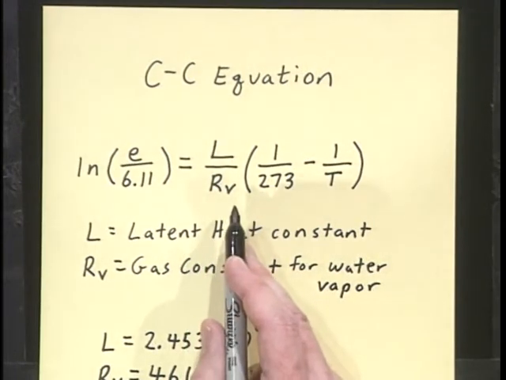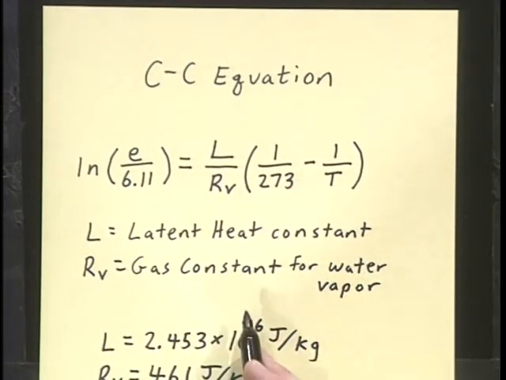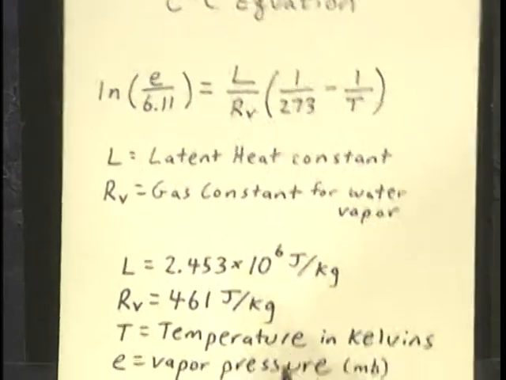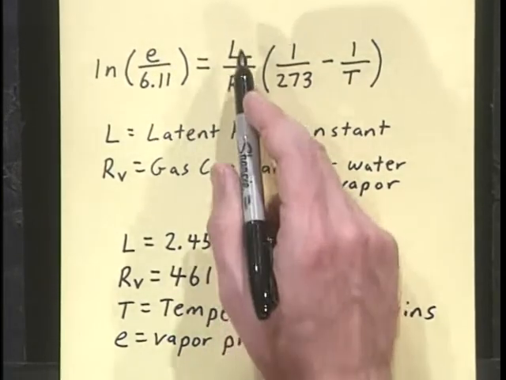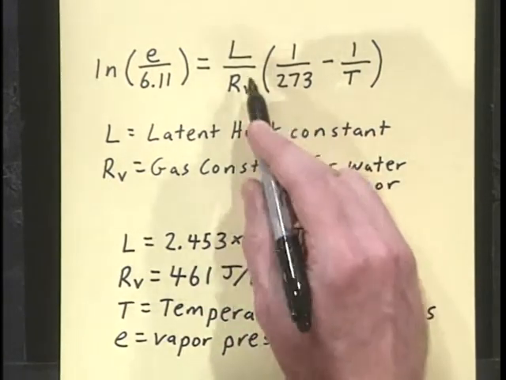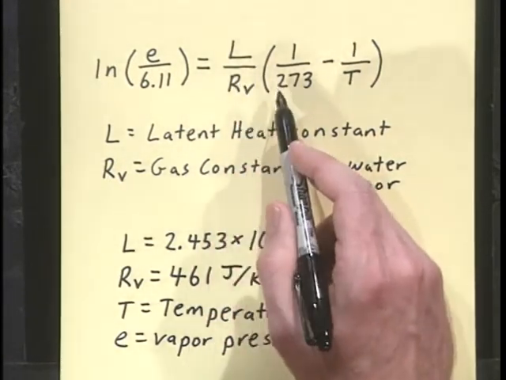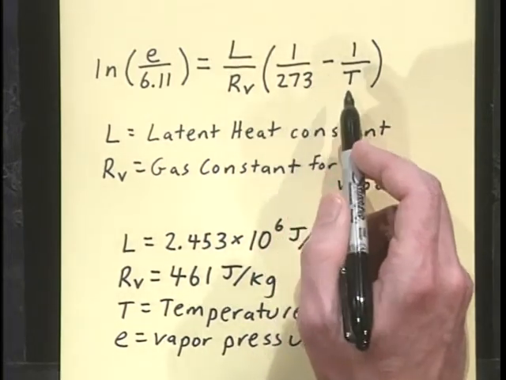Since we're looking at just the water vapor, we're using the gas constant for just the water vapor, R_v, which has a constant value of 461 joules per kilogram per kelvin. So those two constants can be divided by each other to produce a new constant. Then these two constants are multiplied by 1 over 273 subtracted by 1 over T.